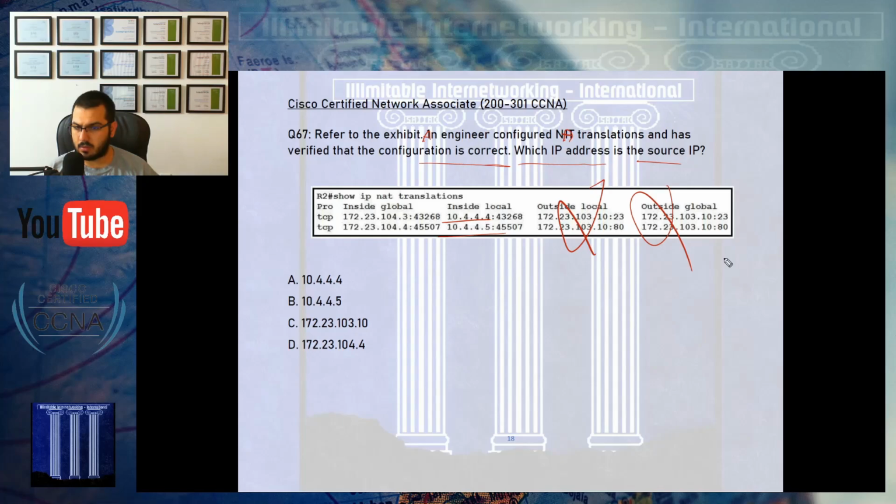So question 67 says, it's not PAT. I can tell because there is no one unique IP address that has been used globally.